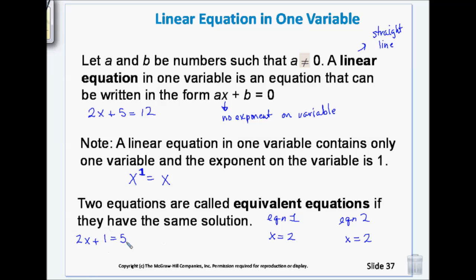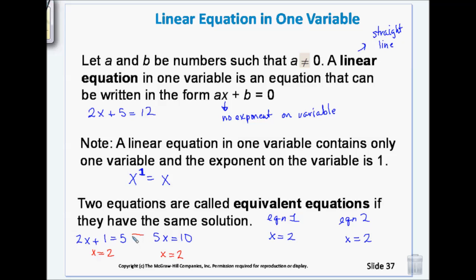So this would be 2. If I solve both of these, x would equal 2. So these two equations are equivalent, even though they look completely different, because the x is the same in both of them.